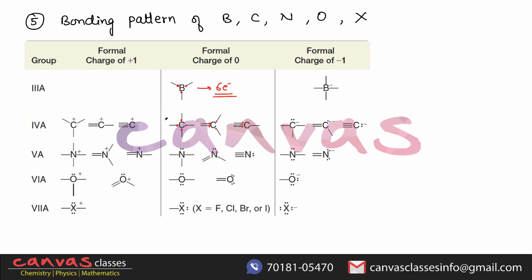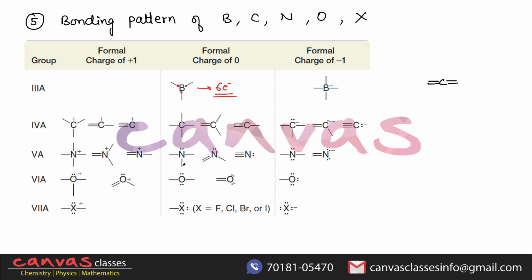Now there are these 3 possibilities, and there can be one more possibility which is not very common, but yes, you cannot ignore it. Making 2 double bonds. Right? 4 single, 1 double and 2 single, 1 triple and 1 single, and 2 double bonds. So these are the bonding patterns of carbon.